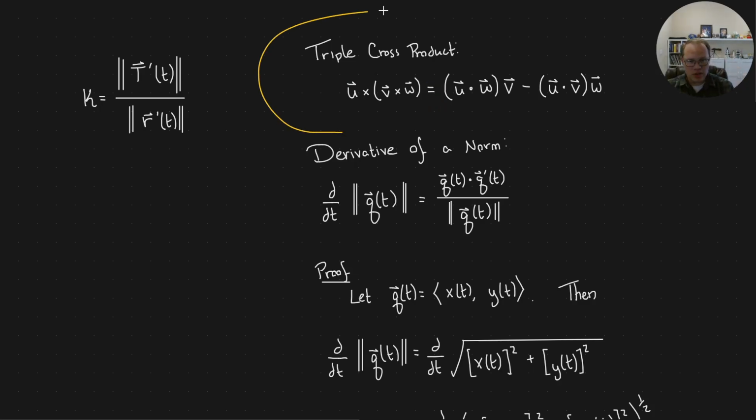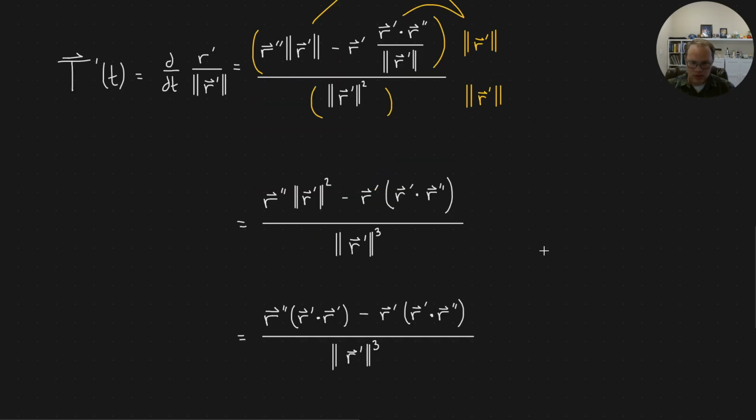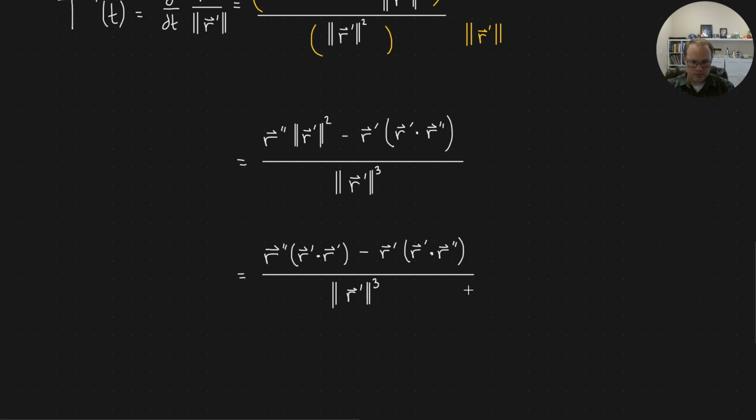So using this triple cross product rule, our numerator becomes, and I need to be careful that I get the order right here, I believe r prime cross r double prime cross r prime over the norm of r prime cubed. Okay?